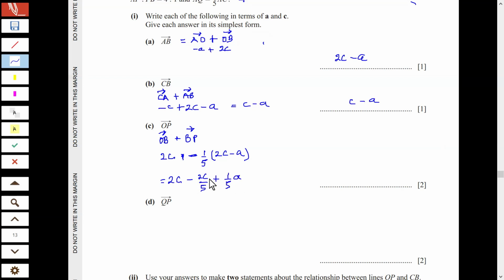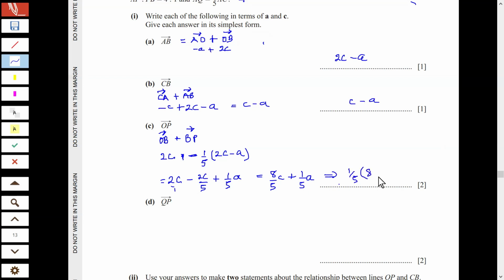So 2C minus 2C/5, after subtracting, you should get 8/5 C plus 1/5 A. It's easier to factorize this, since I have a common factor of 1/5.